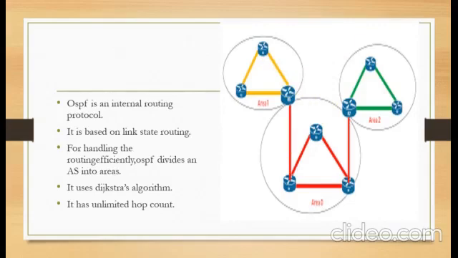It uses Dijkstra's algorithm. We know that this algorithm is used to find the shortest path to reach the destination. Then it has unlimited hop count. Hop count is nothing but the number of routers on the way to reach the destination.